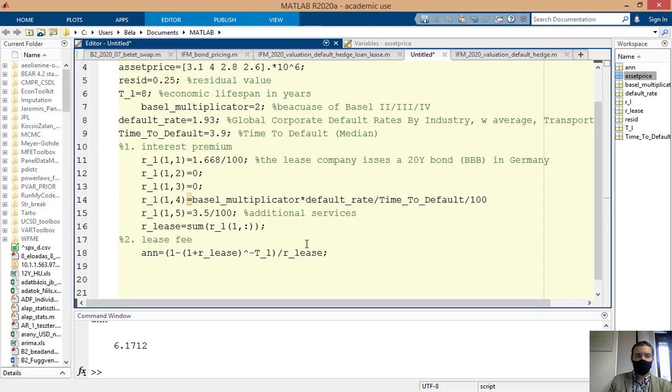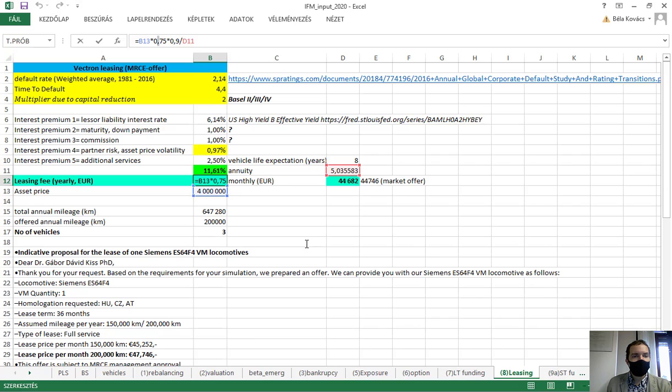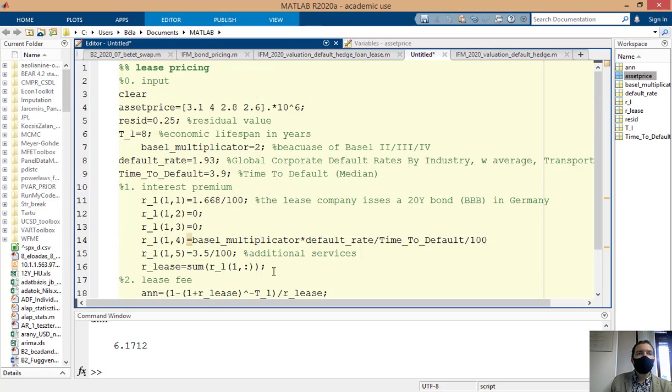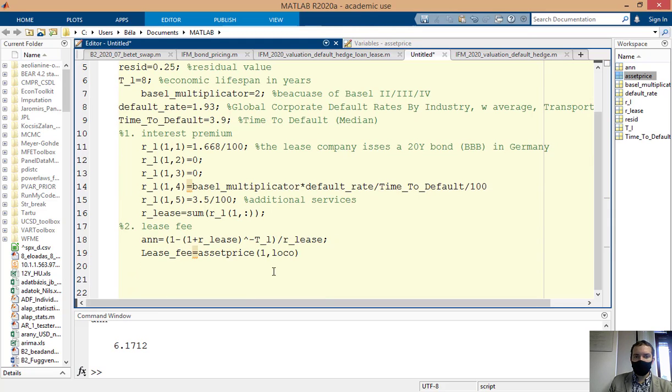Okay then. This V equals, so we have to take local. Sorry. Because it's a row vector, we are defining the columns.